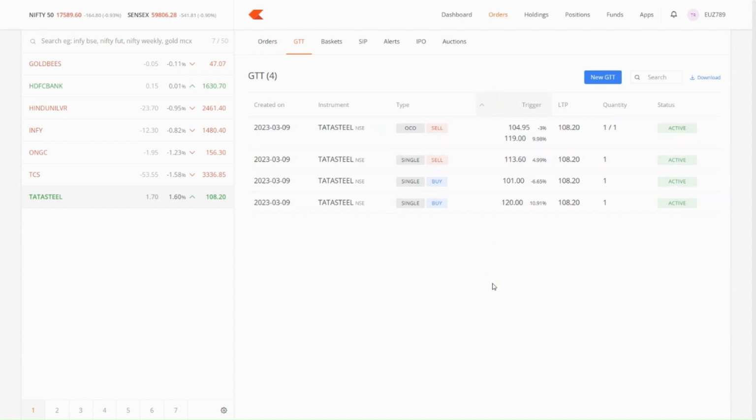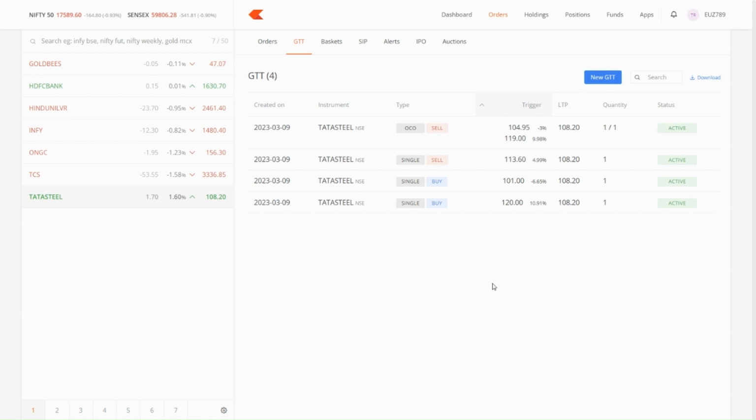Some of the interesting things: if you want to place a limit order in a day, whenever you place a limit order, your margin money will get blocked because of that limit order. But if you place a GTT order, the advantage is that the platform will not upfront block your margin money. Only when your price gets triggered will it check whether you have that margin money or not.